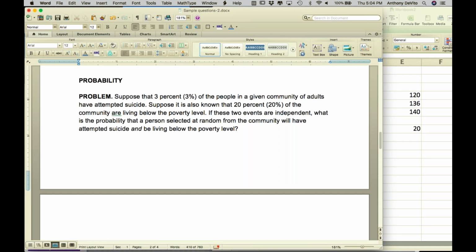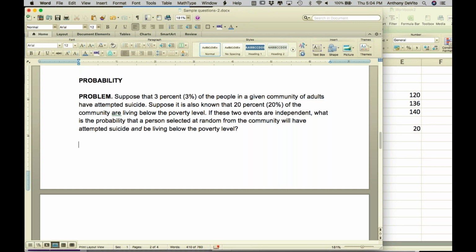So for instance, let's say that I told you that 10% of the population has diabetes, and 20% of the population is left-handed. Is there an association between being left-handed and having diabetes? Probably not. I mean, that would be an interesting study to do, but probably not.